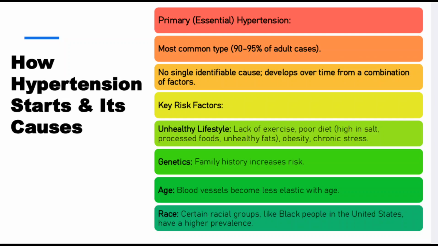And then obesity is one of the problems. Excessive food intake, particularly central obesity, is closely linked to hypertension as it strains the cardiovascular system. Then race. Certain racial groups like black people in the United States have higher prevalence.